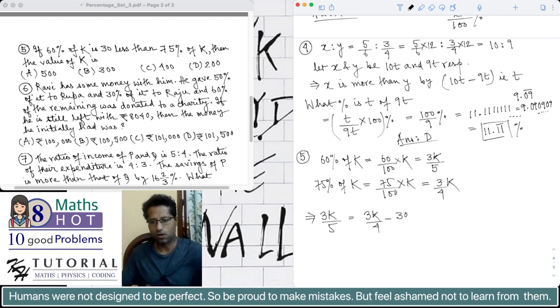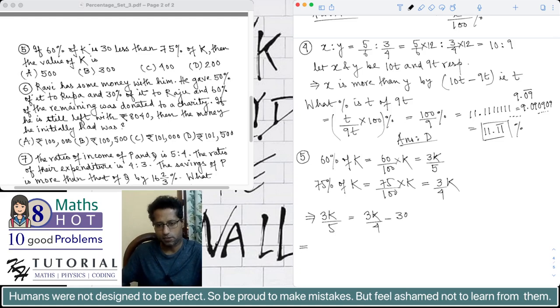So we got a linear equation in K, and we can solve this for K. Now this linear equation has rational terms, that is 3K by 5 and 3K by 4. So usually to solve this kind of linear equation where some terms are rational, I would like to multiply both the sides of the equation by the LCM of all the denominators of the rational terms.